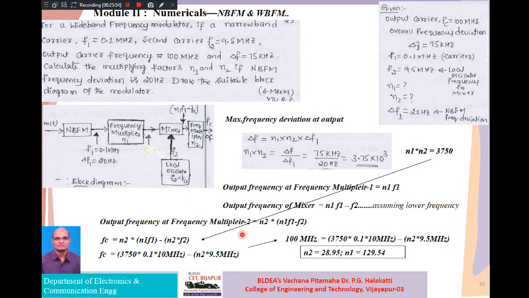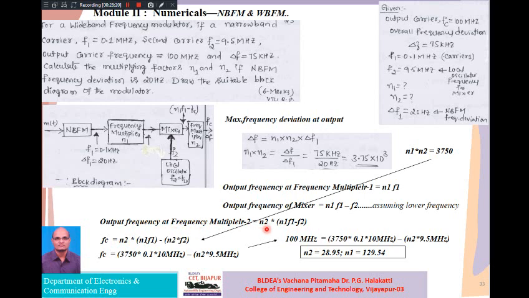Now the output frequency at the multiplier 2 is N2 times N1 F1 minus F2. We took one case here, minus F2, not plus. Okay, so suitably you can assume, and accordingly you will get your answer at the output. N1 F1 minus F2 we are taking here. Now you can make the substitutions here.